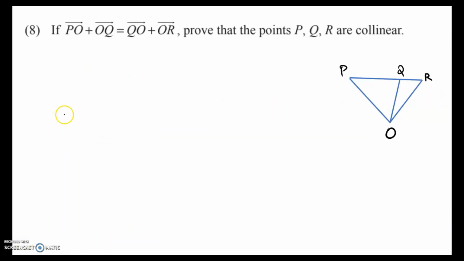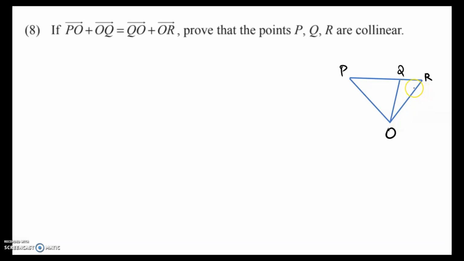This will be our last problem in this video, and this is a very simple question. It says that if PO vector plus OQ vector is equal to QO vector plus OR vector, then prove that PQR are collinear. I have taken the position vectors PO and OQ and also OR.